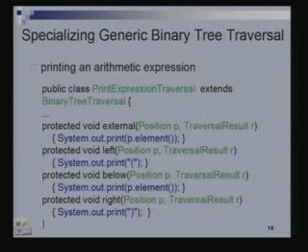Right? So I could specialize the same class binary tree traversal to compute the total space occupied by the files in a certain directory structure, by specializing these methods in a slightly different manner.